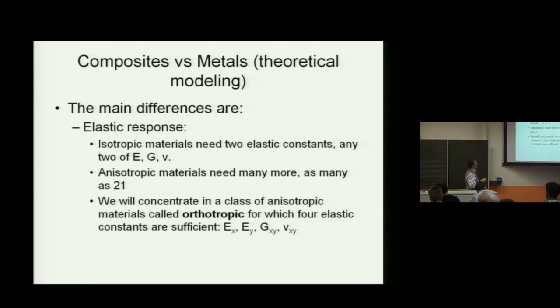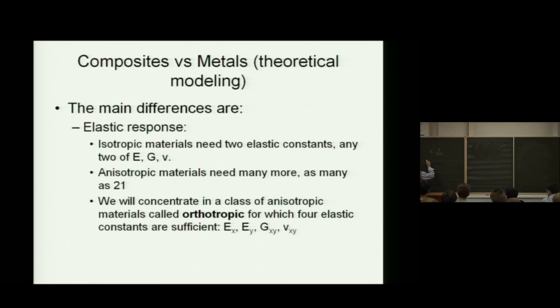Now, if I have anisotropic materials, then instead of two, I may need as many as 21 completely independent constants. Why are they 21? Because in general, I have 6 stresses and 6 strains.